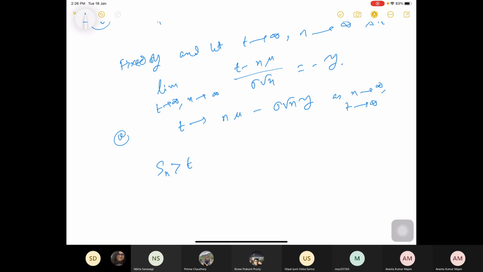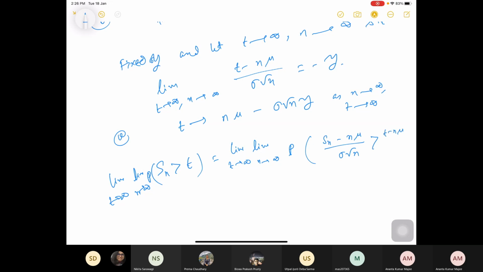So for that case, what I can write down, if I let t go to infinity, the limit as n goes to infinity of the probability of that part, should be the same as the limit as t goes to infinity, limit as n goes to infinity, probability of, because I know the central limit theorem for my S_n, (S_n minus n mu) by sigma root n greater than (t minus n mu) by sigma root n.